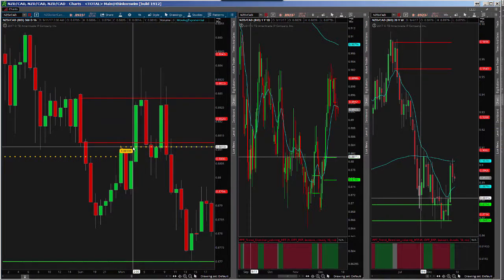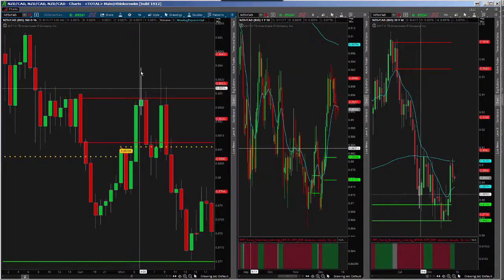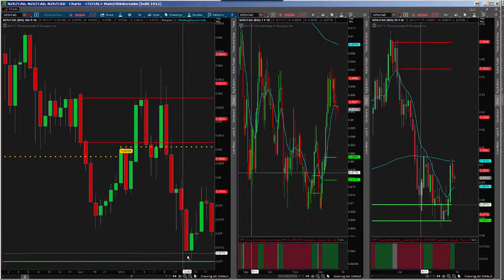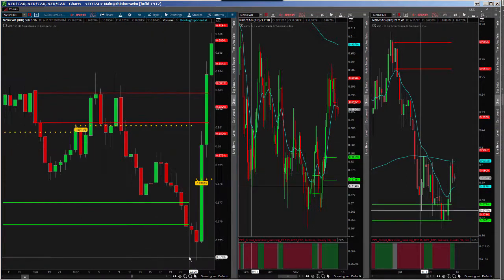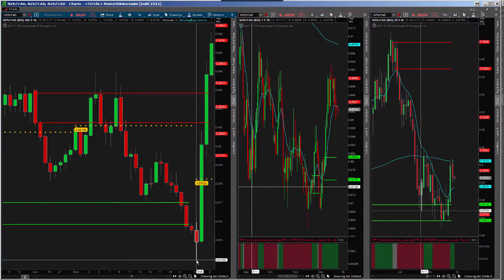My entry here would have been 88.11. My stop 31. I'd be back in at 31. And you can see it didn't quite make it to 100 pips for my target. So I'd have 2 more losses there.